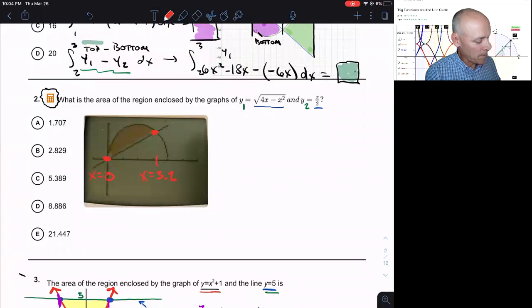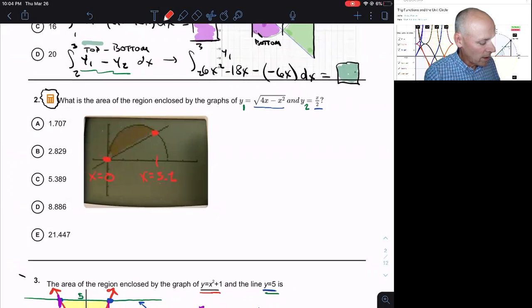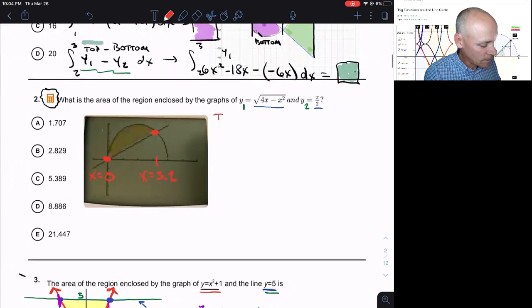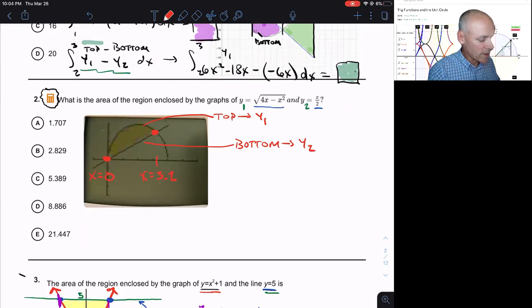Okay, now I just have to make sure I know the top function, the upper function, is going to be this function right here, and that is my y1. The bottom function is going to be y2.